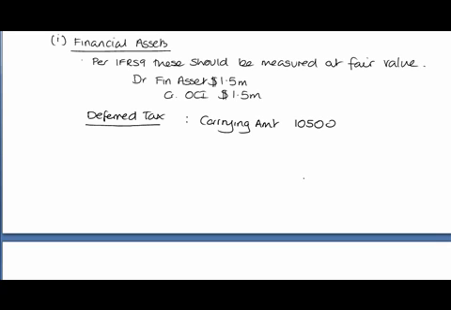Taxation is payable on the sale of the assets, so what is our tax base? It is the cost of 9 million. Therefore, we have a taxable difference of 1.5 million.